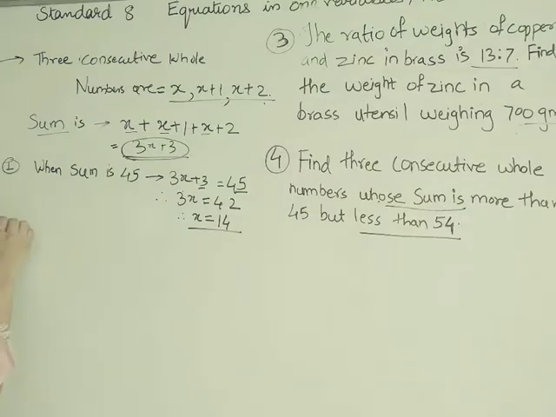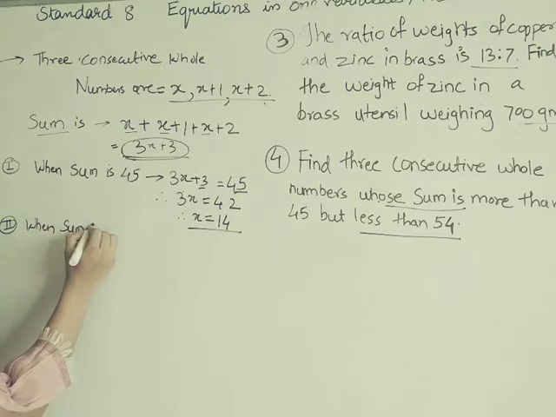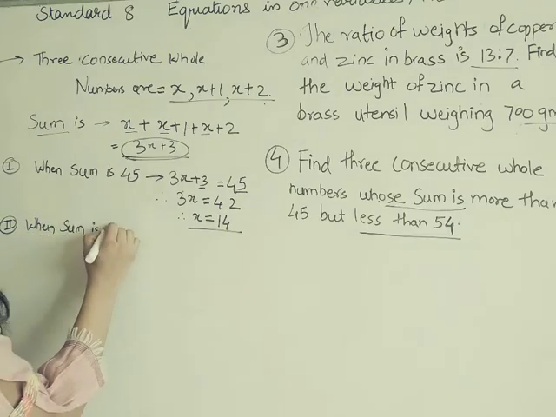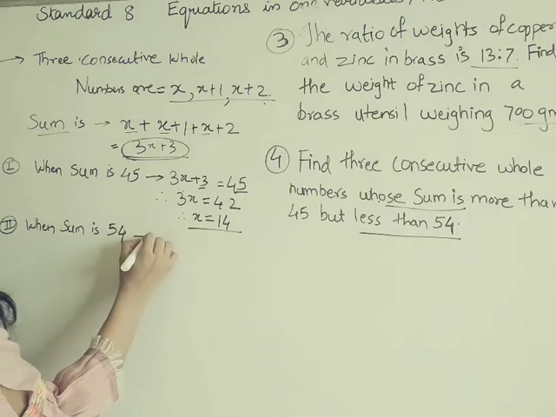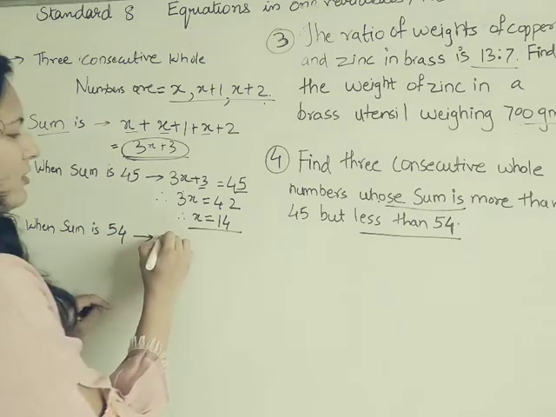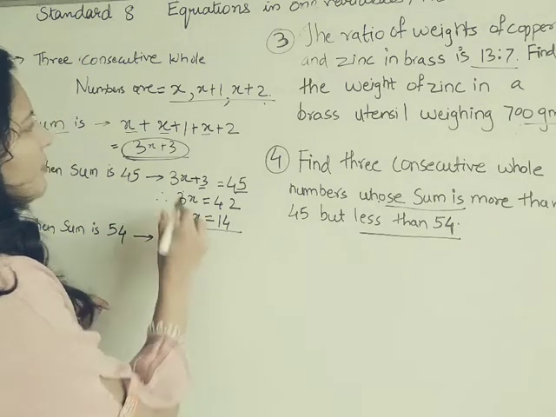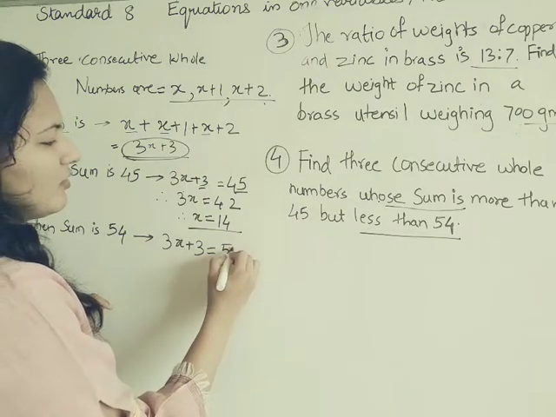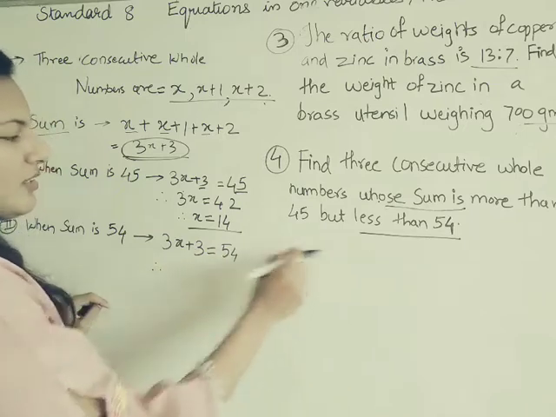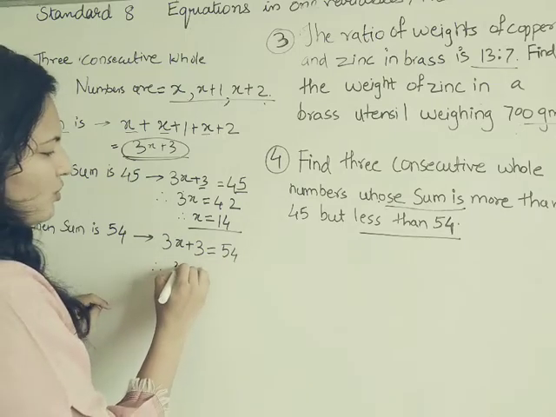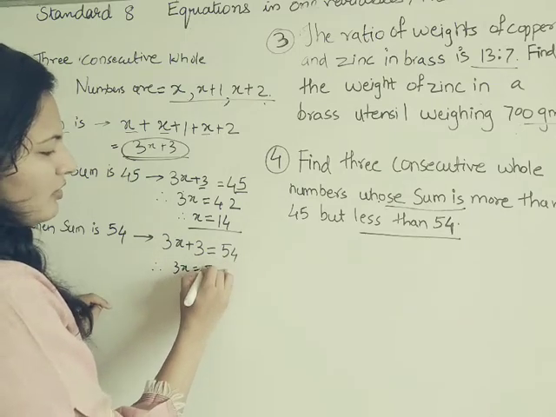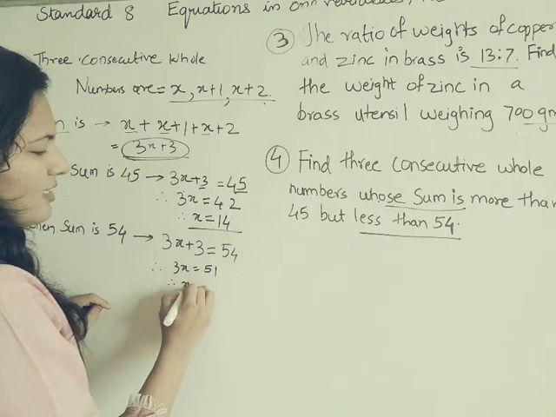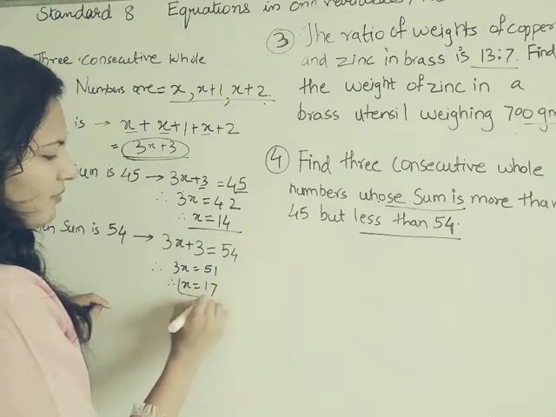So the second case, when the sum is 54, what will be the equation? 3x plus 3 is equal to 54. In this case, let's find out the value of x. So 3x is equal to 51 and x is equal to 17.